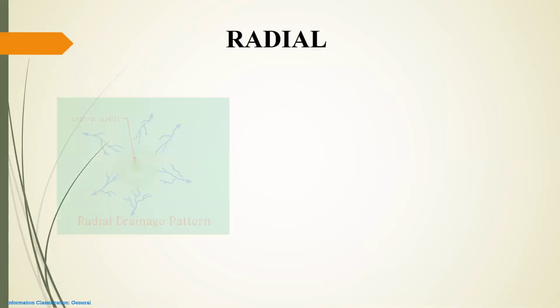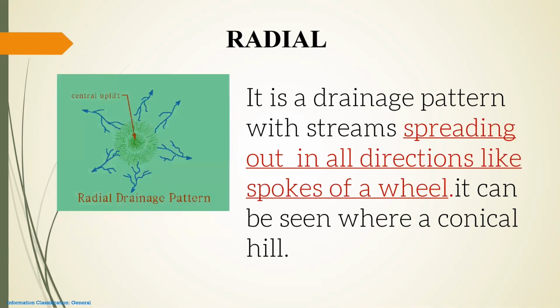Next we are moving to the third category of our drainage, radial. This is the figure of a radial drainage. And let's see the theory. It is a drainage pattern in which streams spread out in all directions like spokes of a wheel. It can be seen where there is a conical hill. This is very important.